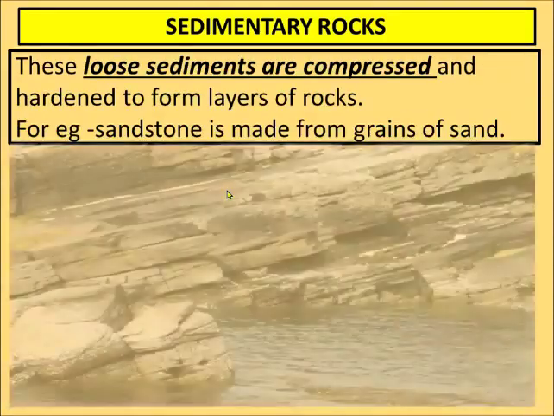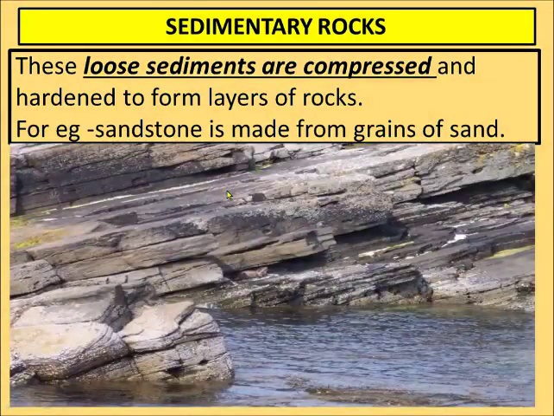And thereafter, these loose sediments are compressed and hardened to form layers of rock. Suppose this was the earliest layer which was moved by the wind over here. Thereafter one more layer of sediments was deposited over this layer, and thereafter one more layer. So they are putting pressure on each other. The upper layer is putting pressure on the lower layer.